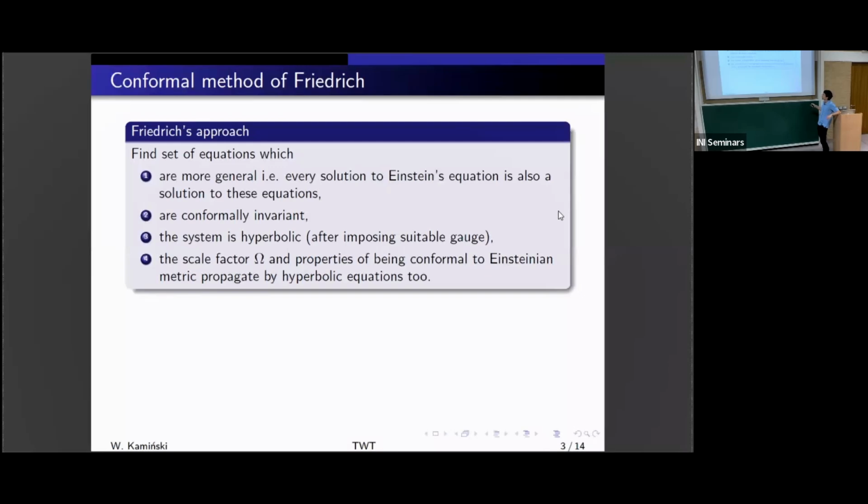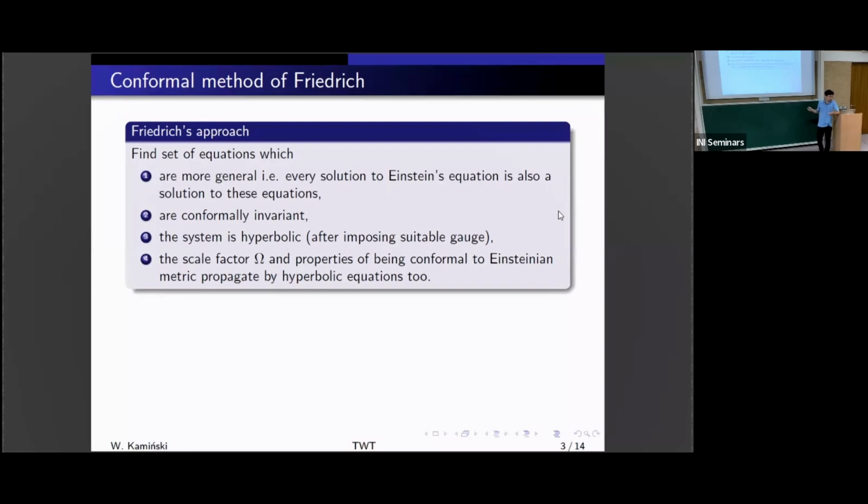But we assume that this new system is conformally invariant, so if we rescale the metric, it will still be a solution of the new equations. And we want this new system to be hyperbolic, of course after imposing the gauge.